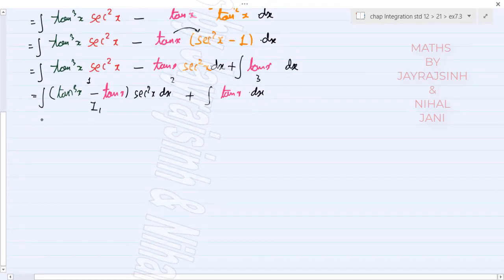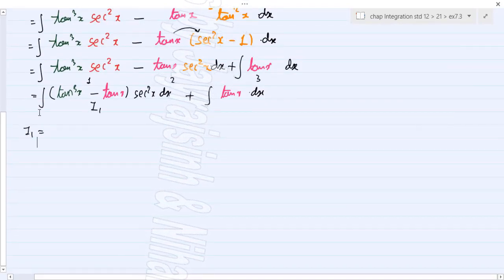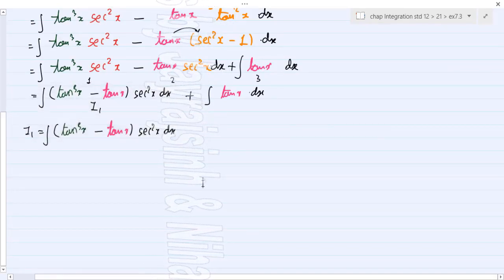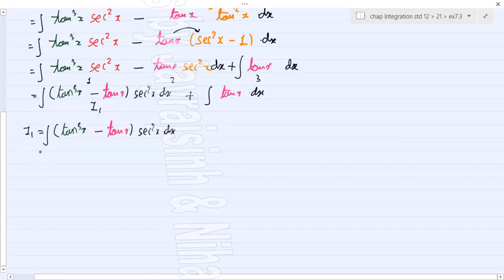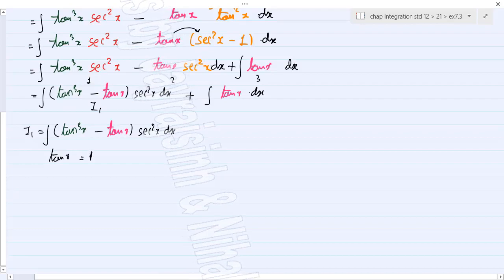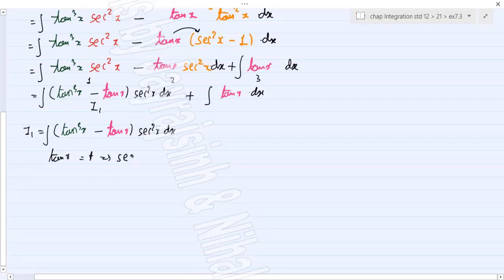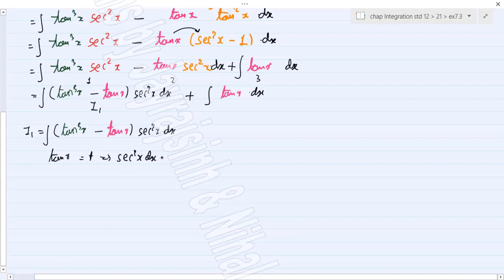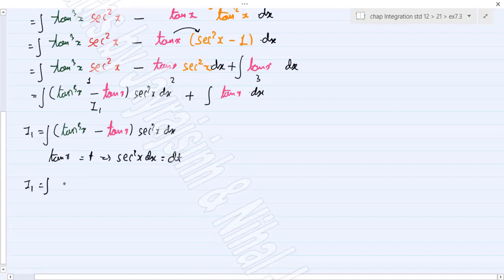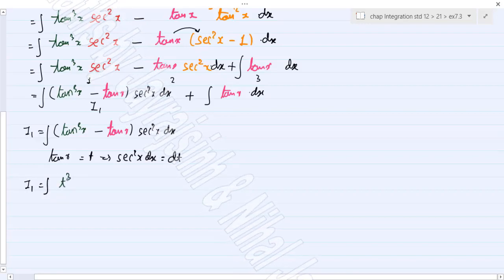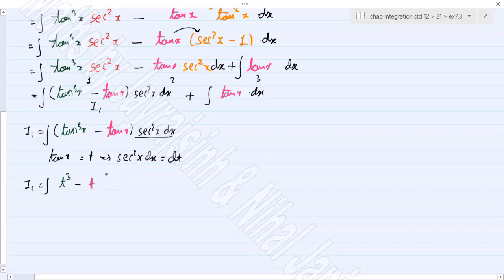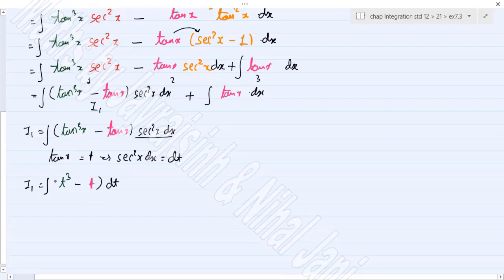Let's say your first integration is I1, which is the integration of these terms. And to integrate I1, we have to assume tan x is equal to t. So we will get sec square x dot dx is equal to dt. So our I1 will be modified as t raised to 3 minus t, and this sec square x dx will become your dt.